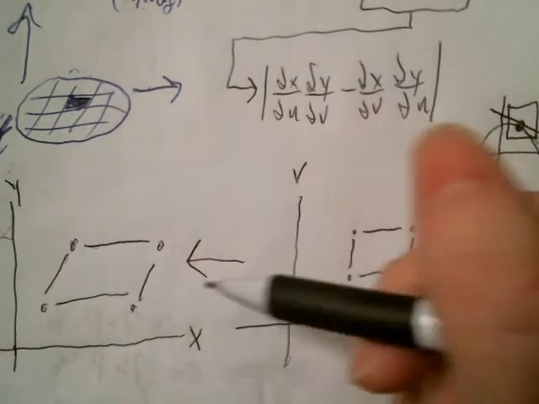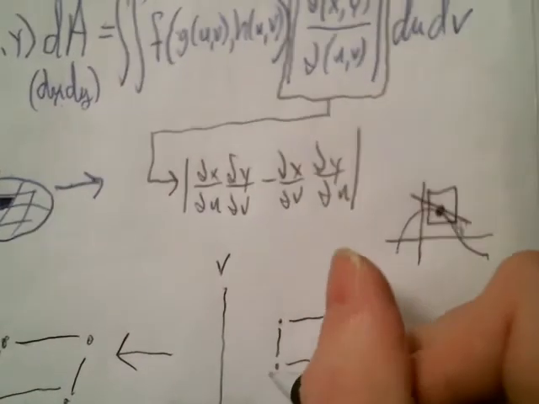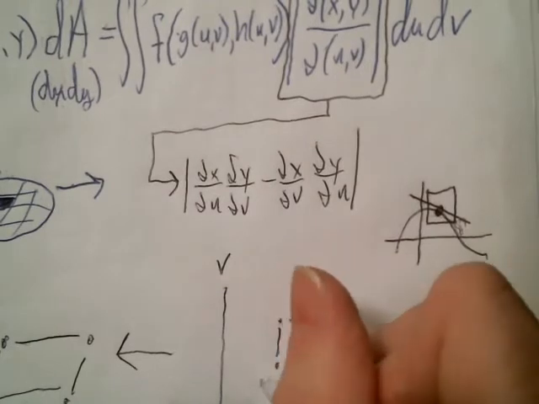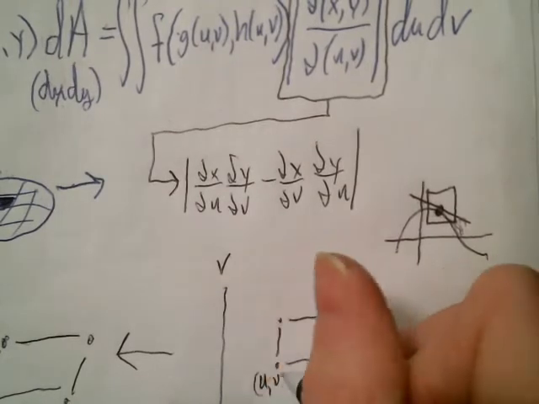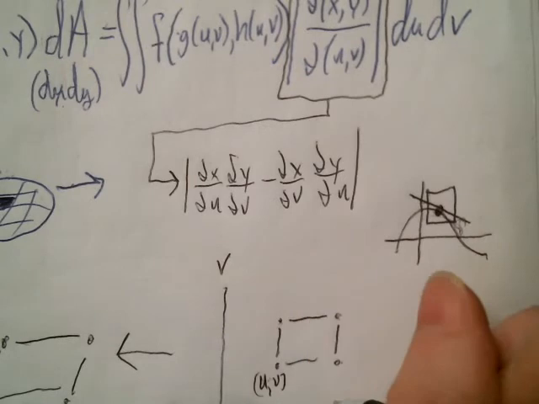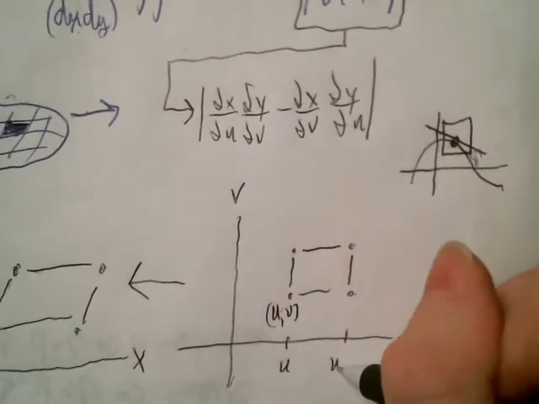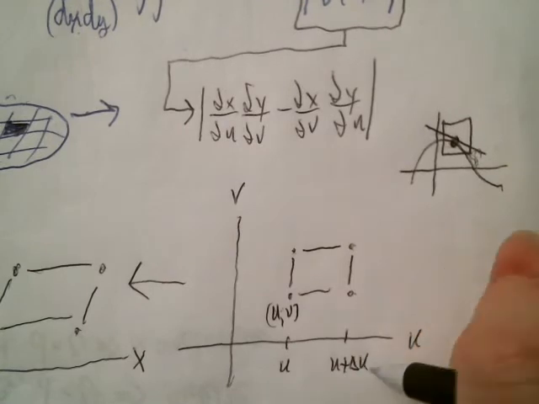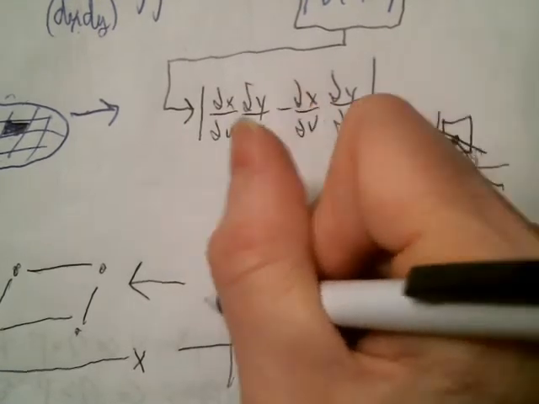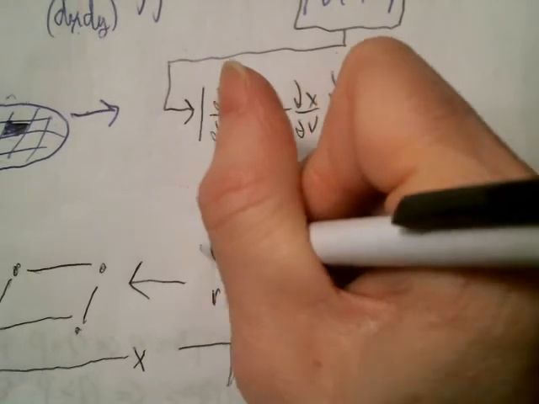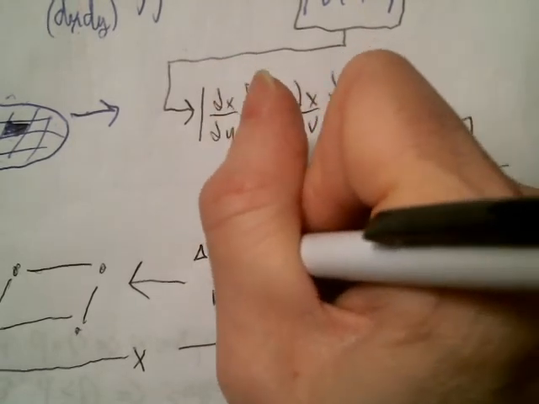So when we talk about our box, we'll put this point at (u, v), and then we're just going to consider real small changes. So we go from u to u plus some little change in u, and on the v-axis, we'll go from v to v plus some real small change in v.